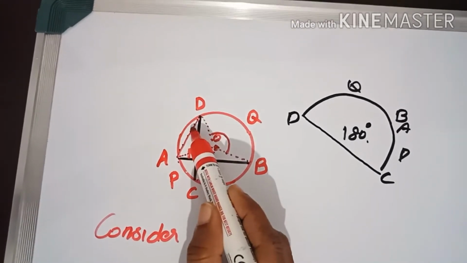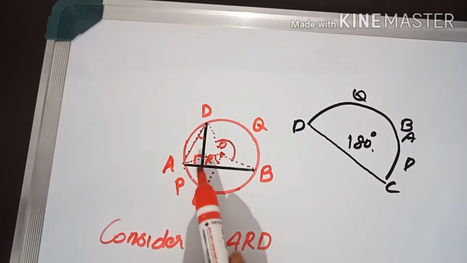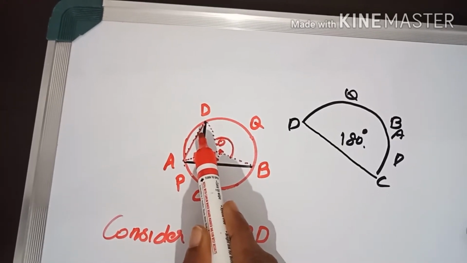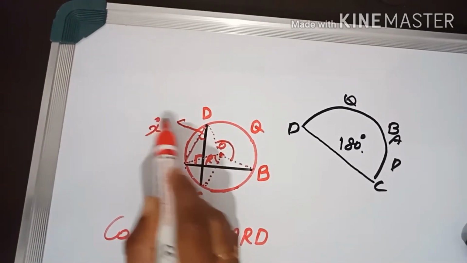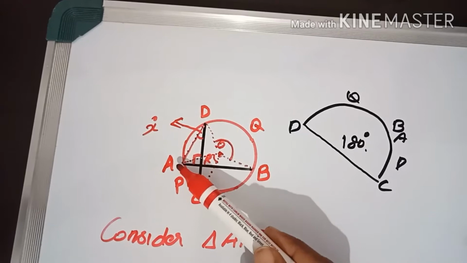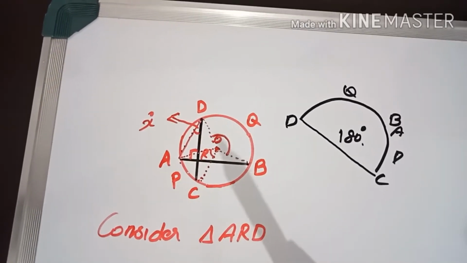Now let's consider this angle. Here these two angles are not given, only the 90 degree angle is given. So let's consider this angle as x degree. That means angle ADC is x degree.